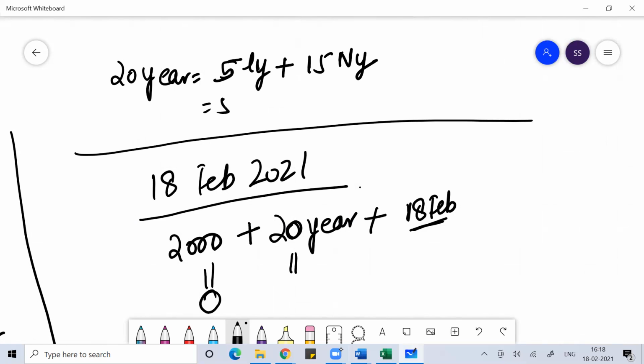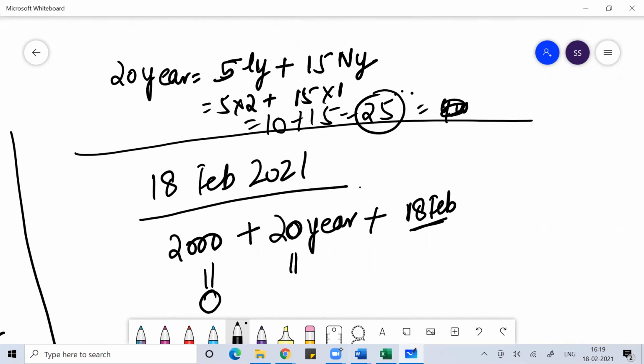One leap year means 2 extra days, and one normal year means 1 extra day. So you can write this as 10 plus 15, which is 25. 25 means 3 weeks plus 4 days extra, since 7 threes are 21.